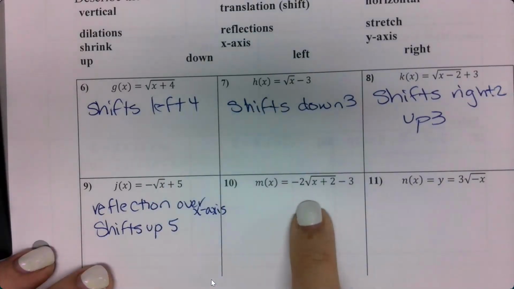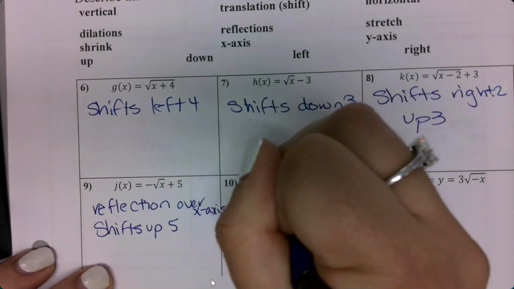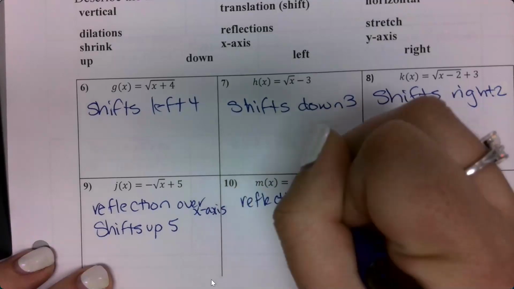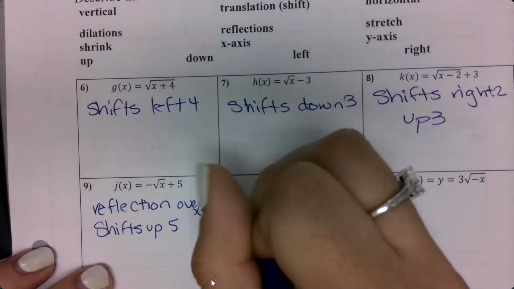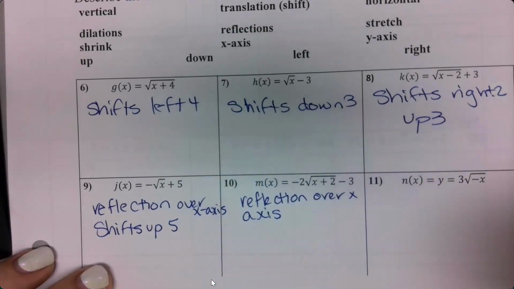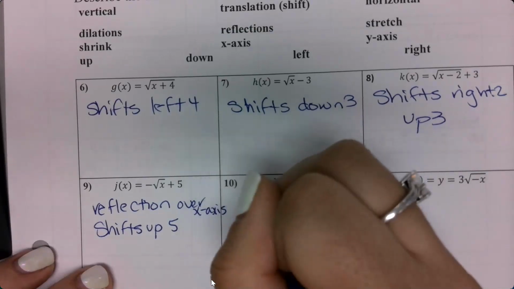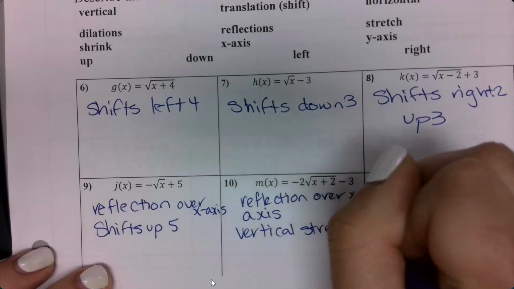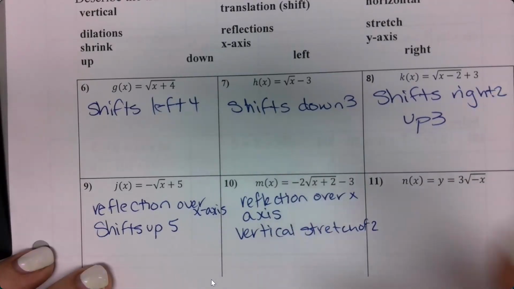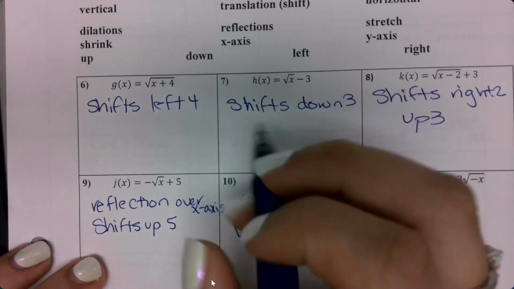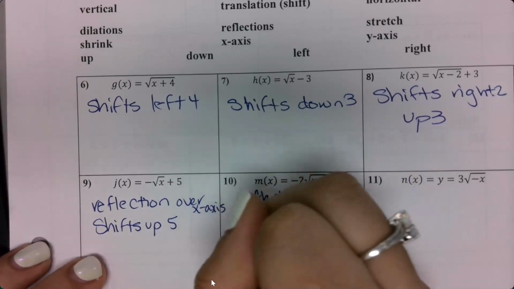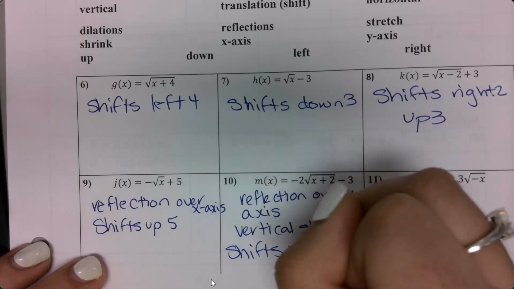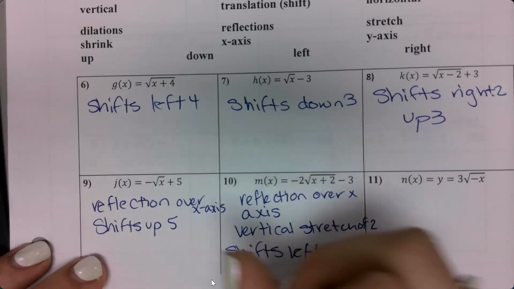Over here, I have the negative up front, so that's a reflection over x-axis. The 2 is a vertical stretch of 2. And this 2 is shifting left 2. And the -3 at the end is down 3.